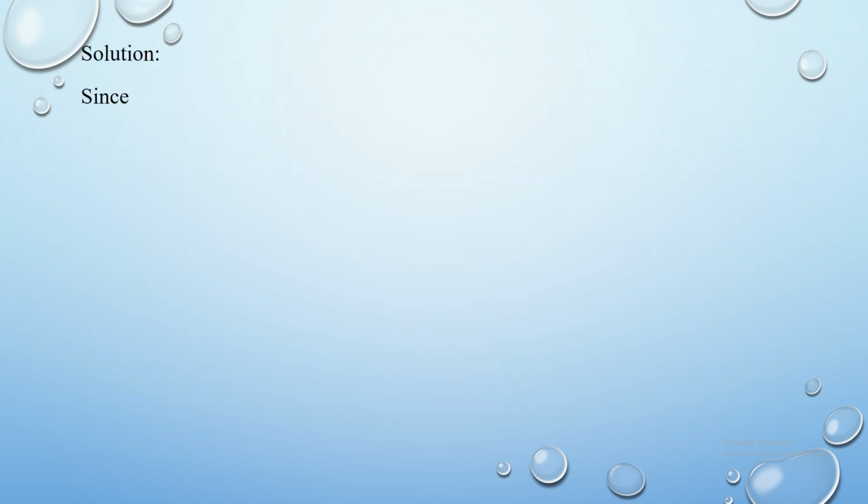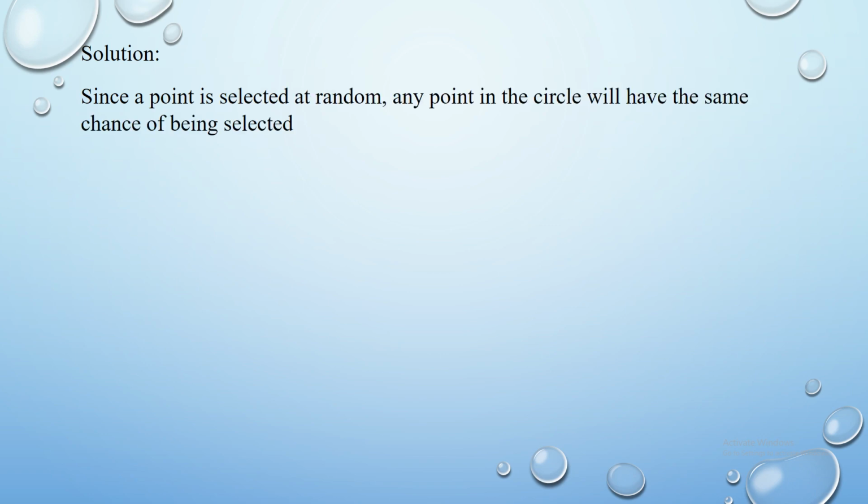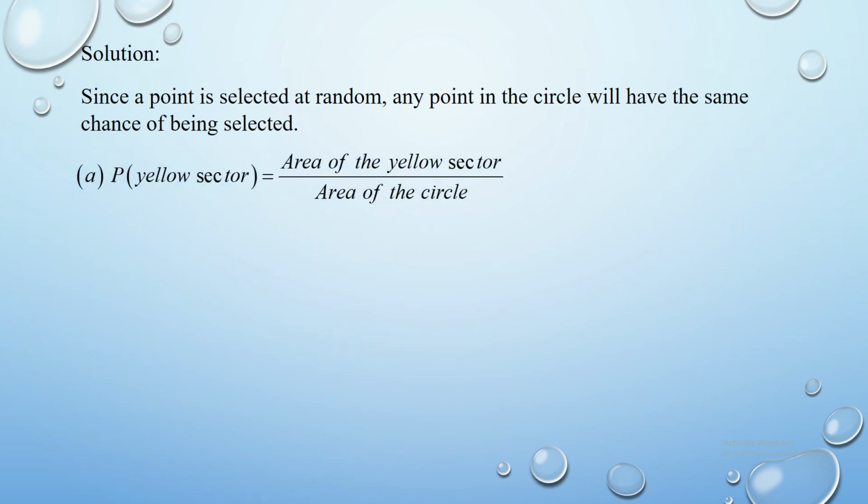The solution. Since a point is selected at random, any point in the circle has the same chance of being selected. So for the probability of the yellow sector, we compare the area of the yellow sector to the area of the circle.